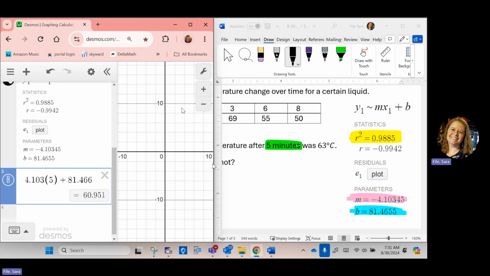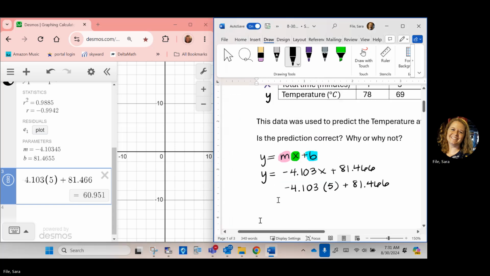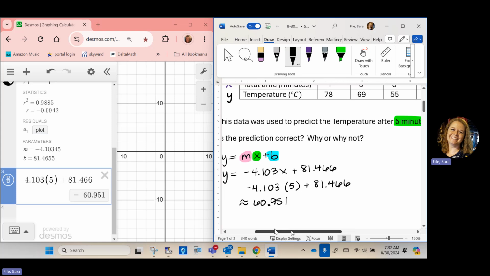Okay, so I'm going to say our estimate is 60.951. So was this an accurate prediction?